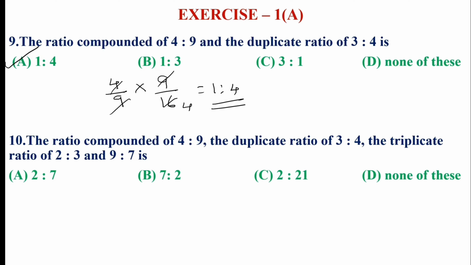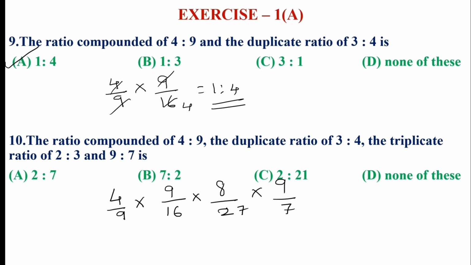The triplicate ratio of 2 is to 3. Only for 2 is to 3 you have to take the triplicate ratio. 9 is to 7 is not necessary to take the triplicate ratio, only normal 9 is to 7. So what is the answer? The ratio compounded of 4 by 9, compounded means into, duplicate ratio of 3 is to 4 means 9 by 16, and triplicate ratio of 2 is to 3 means 8 by 27, into 9 by 7.